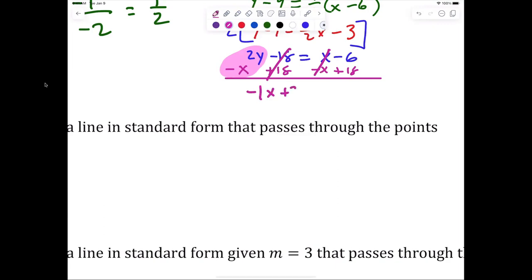Good job. Equals. What's -6 plus 18? 12. Is my x allowed to be negative? Yes, that's what I want.